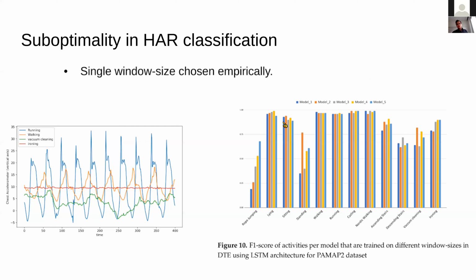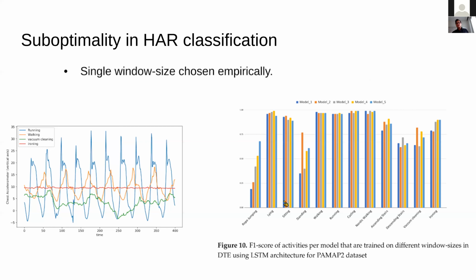This model 1, trained with temporal sequences extracted with time period T1, does not perform very well on the rope jumping activity. But model 5, with time period T5, performs very well.